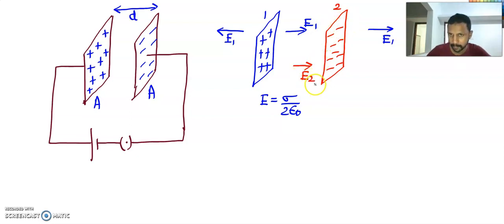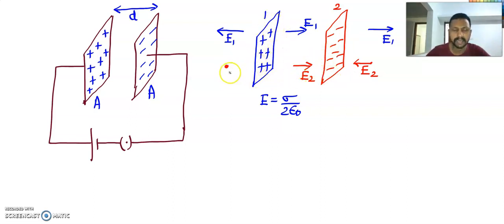Is it clear? Then, what's the direction of electric field intensity at this point due to this negative charge sheet, that is due to sheet 2? If I am placing a unit positive charge over here, this negative charge sheet will attract. Therefore, this is the direction of electric field intensity. Clear? And if I am marking the direction of electric field intensity over here due to the negative charge sheet, you just don't consider this positive sheet.